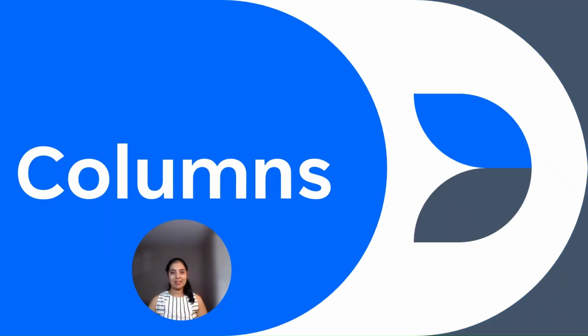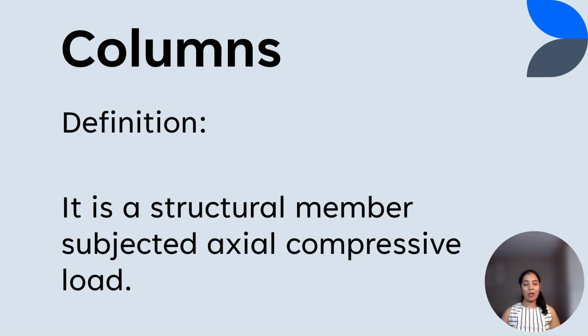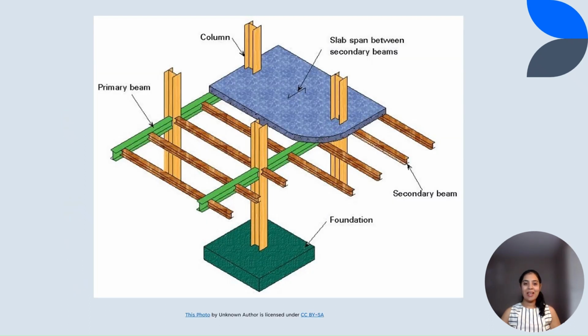Columns. So, column is a structural member subjected to axial compressive load. In this picture, you can see that how beams are being supported on columns and columns carry load to the foundation.